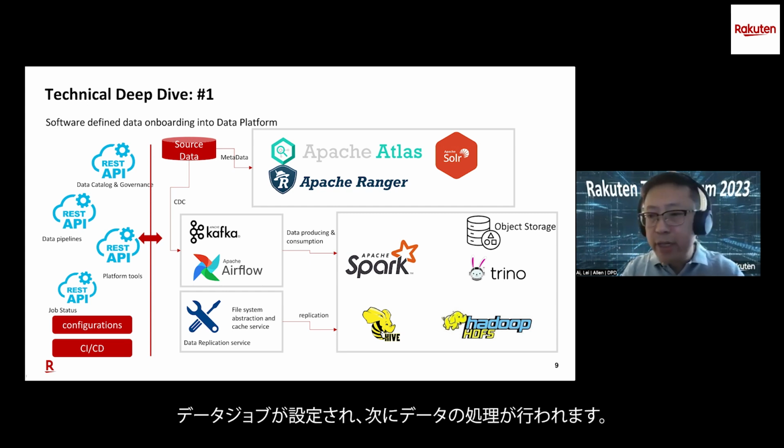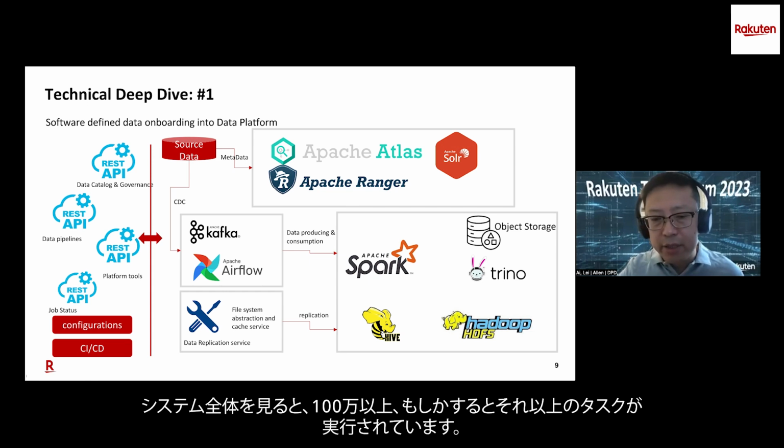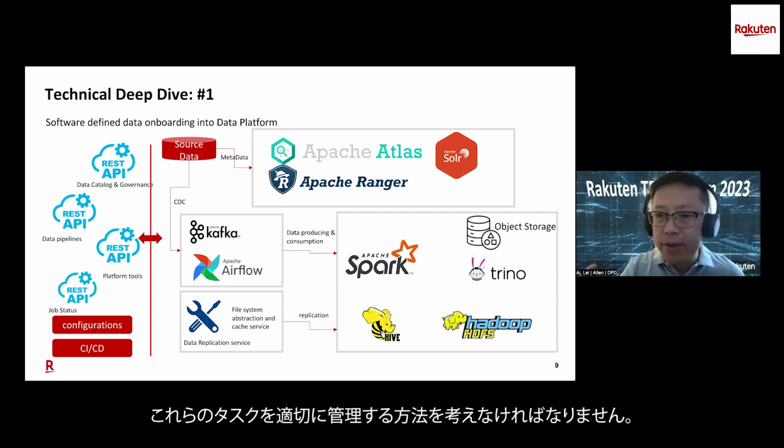After the data job is set up and the data loading is set up, the next challenge is the data jobs themselves. We have so many jobs and tasks running every day. If you take a look at the entire system, it is more than, or maybe less than, 1 million jobs and tasks running every day. So how will these tasks be managed properly?